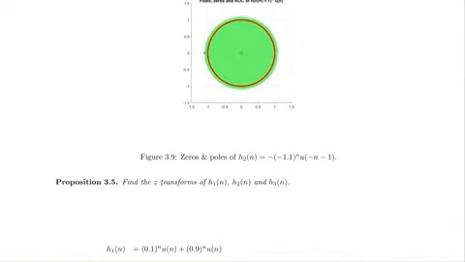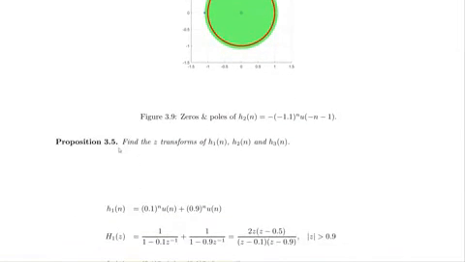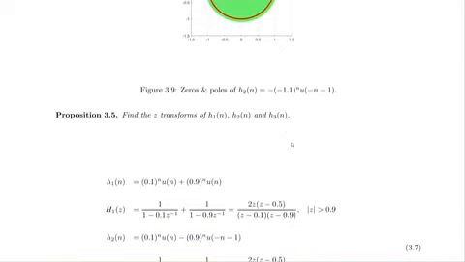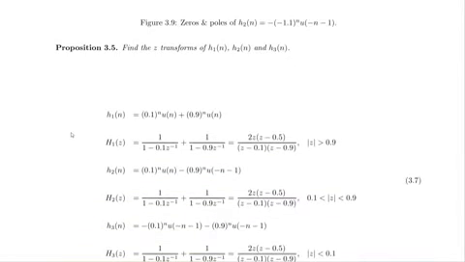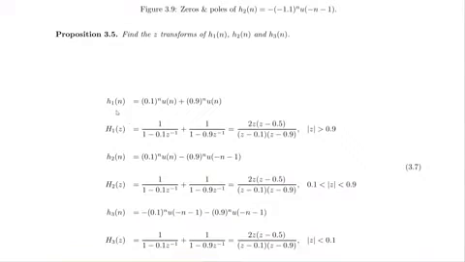Now, find the Z transform. The next example: find the Z transforms of H1 of n, H2 of n, and H3 of n. H1 of n is equal to 0.1 to the power of n u of n plus 0.9 to the power of n u of n. A second order system.